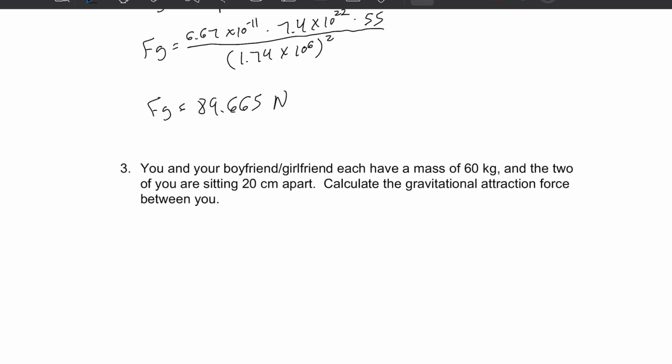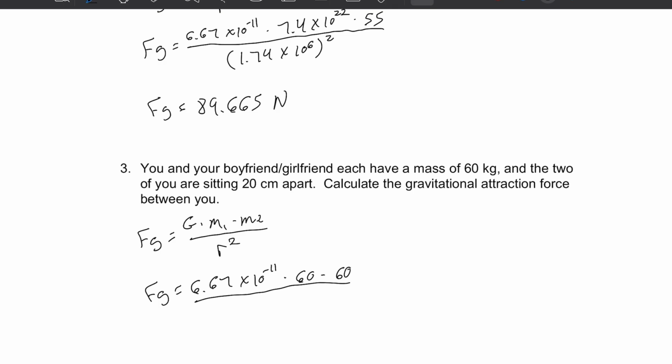You and your boyfriend or girlfriend each have a mass of 60 kilograms. You're sitting 20 centimeters apart. You want to calculate the gravitational attraction, or the force of gravity, G m1 m2 over r squared. Now be careful, radius needs to be in meters. They gave it to us in centimeters, so you've got to convert it to 0.2 meters. 6.67 times 10 to the minus 11 times 60 times 60 divided by 0.2 squared.